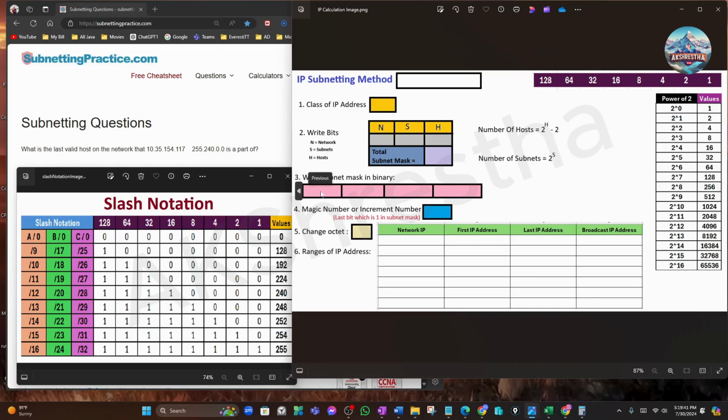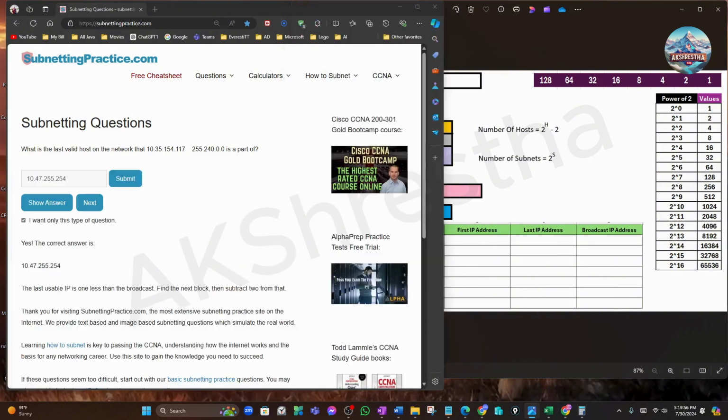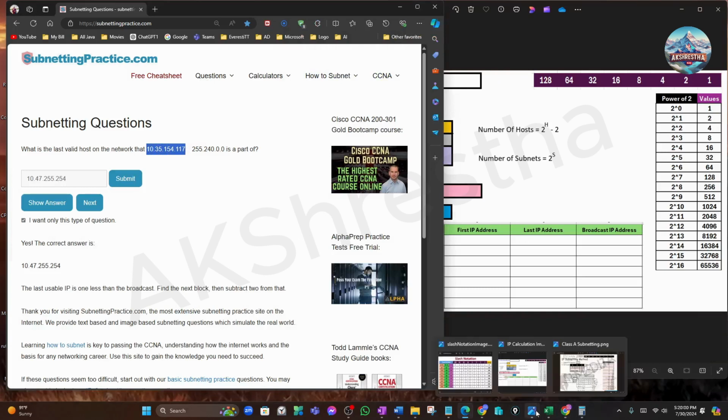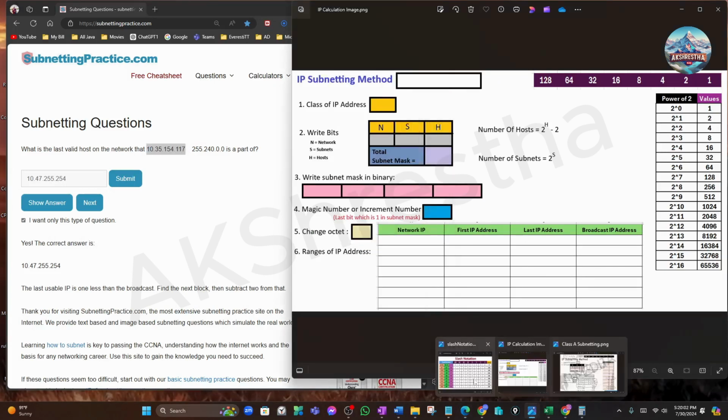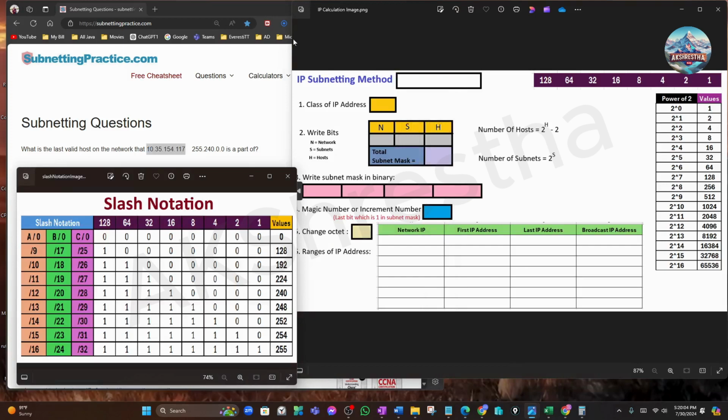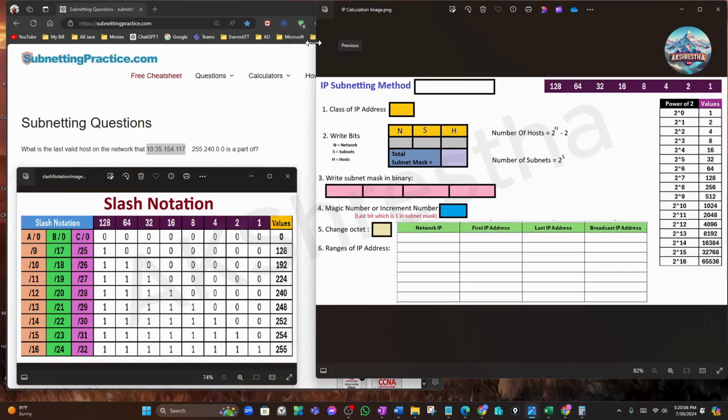Suppose this is the first octet, this is the second octet, this is the third, and this is the fourth, right? We know that. So always we have to change one, two, or three, depending on our class, right? We have A, B, C classes. So our question is like this one. So now what I do, I just want to keep this one here, a little bit here, okay?